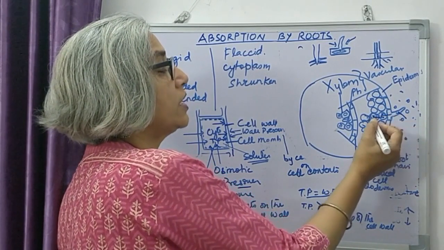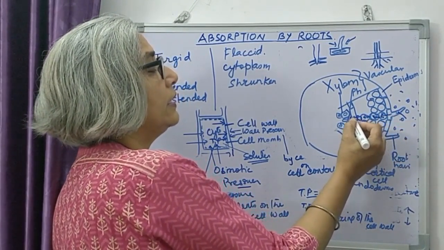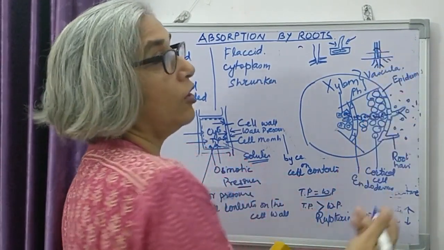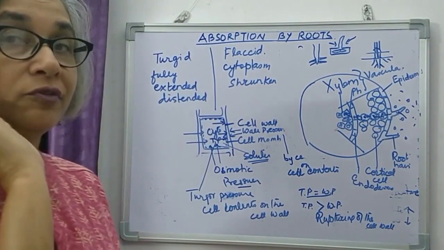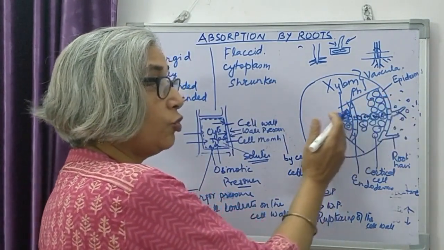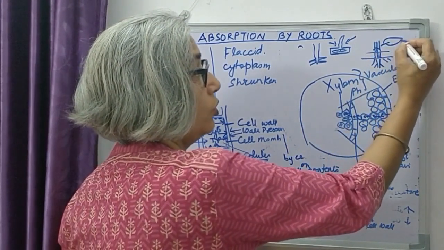So there is a continuous channel that is maintained like this. Water enters this endodermis cell and enters the xylem, and from the xylem of the root it moves to the xylem of the stem. So this is building up because of root pressure. And finally it will even go to the leaves.